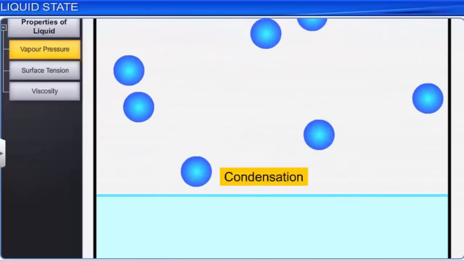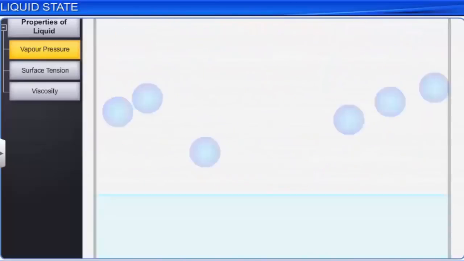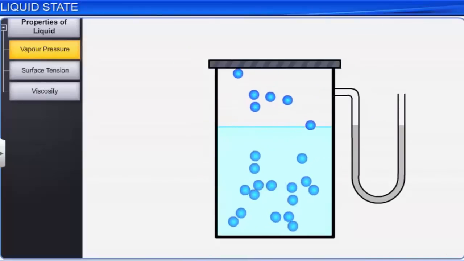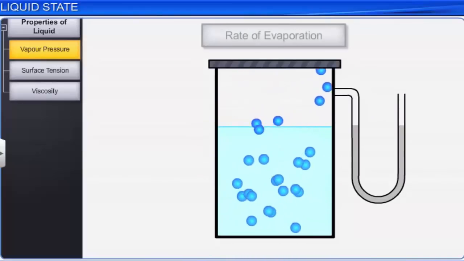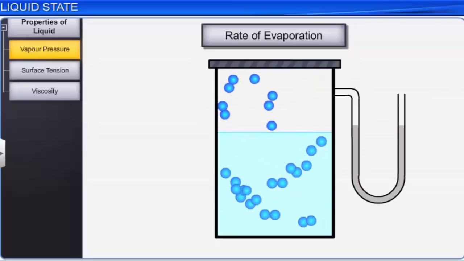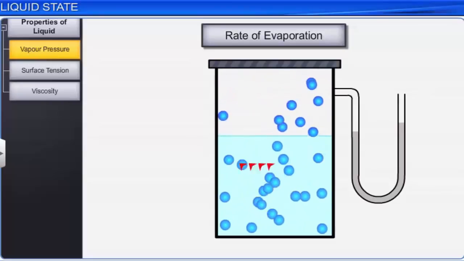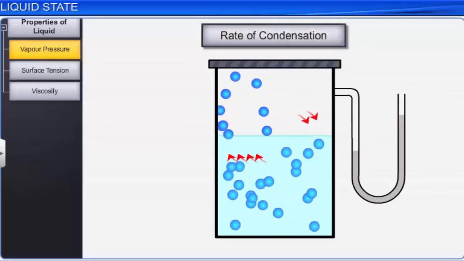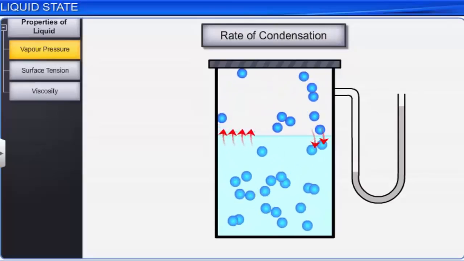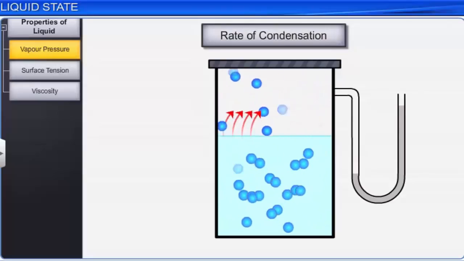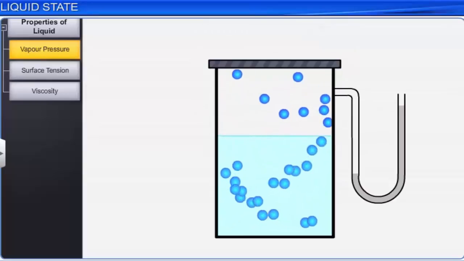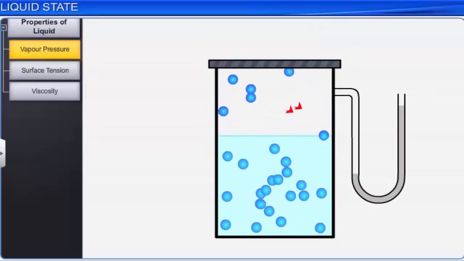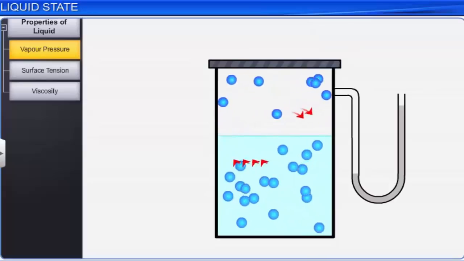During the initial stages of evaporation, the rate of evaporation is higher as compared to the rate of condensation. After some time, as the rate of condensation increases, the number of molecules present in the vapor state starts decreasing.